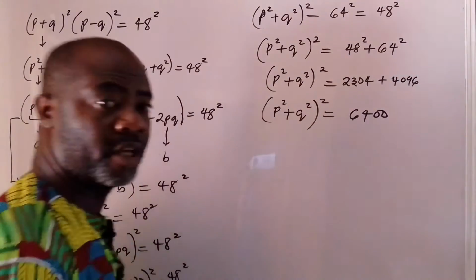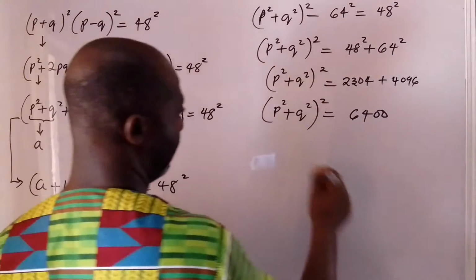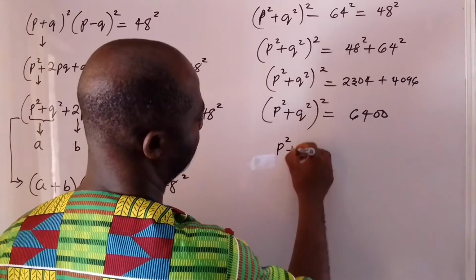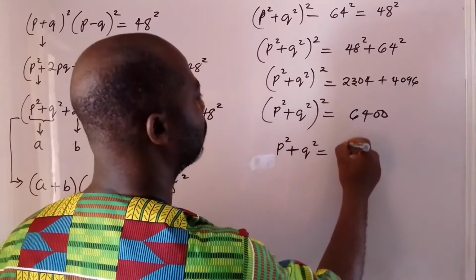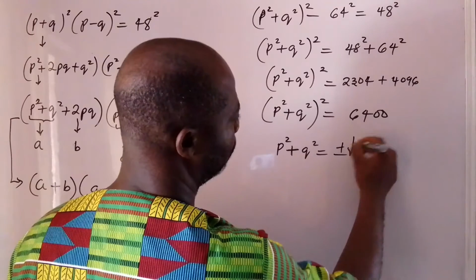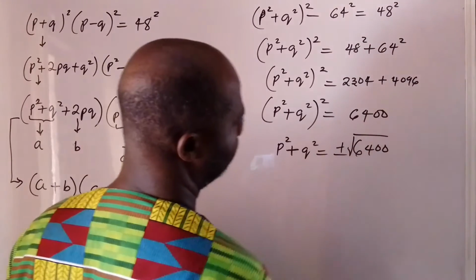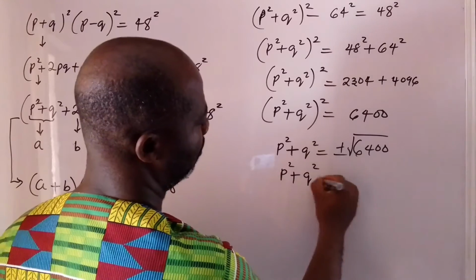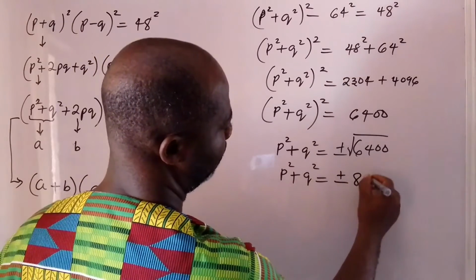So I have to take the square root of both sides. I get p squared plus q squared equal to plus or minus the square root of 6,400, so p squared plus q squared is equal to plus or minus 80.